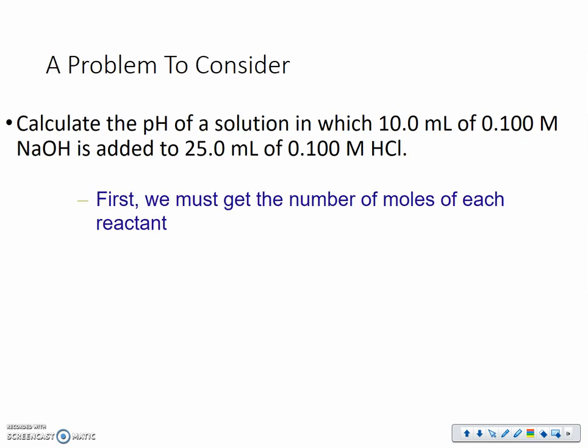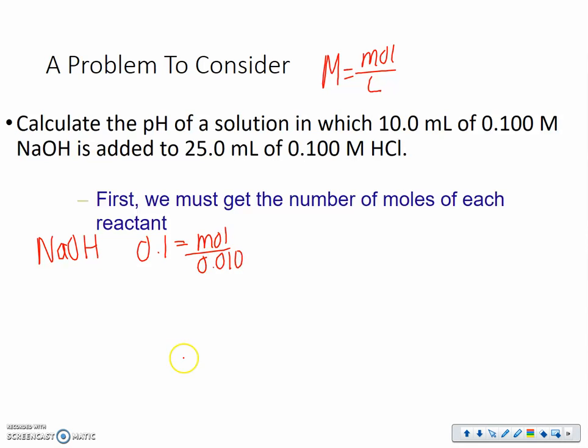So we want to figure out how many moles of each substance we have that could actually react. We can do that using our molarity. So for our NaOH, changing the volume to liters, we've got 0.001 moles of NaOH.